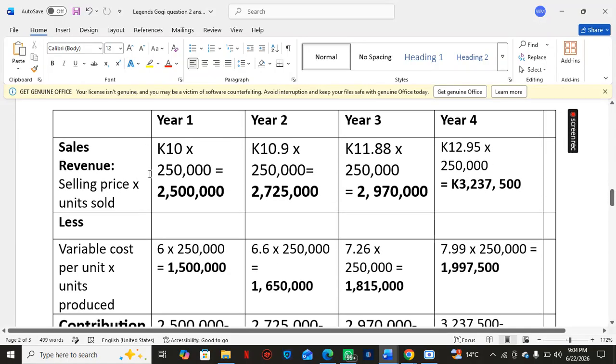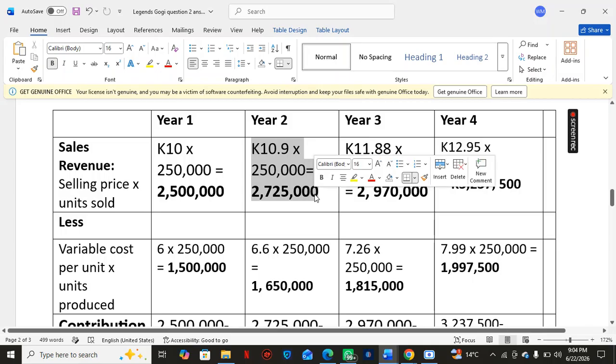Okay, so for year one, the selling price 10 kwacha multiplied by the units sold 250,000, you get 2,500,000. Year two, selling price 10.9 multiplied by 250,000, 2,725,000.